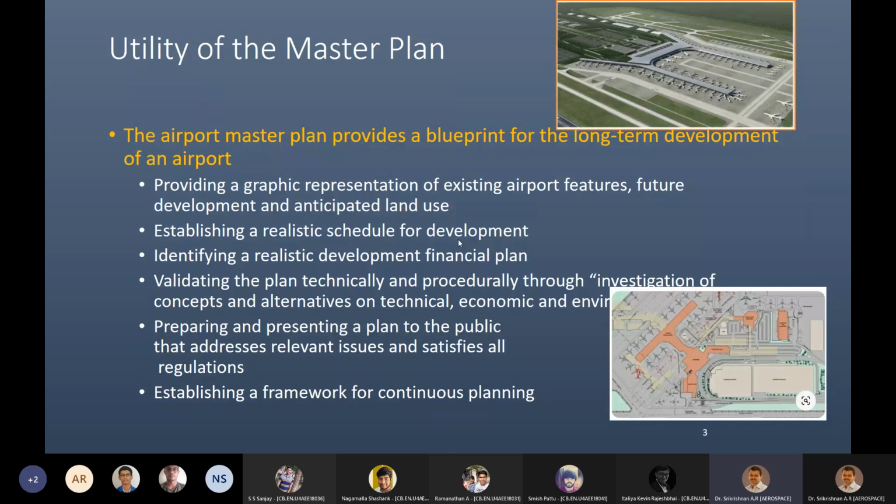All that can be extrapolated once you have a master plan, so it helps in preparing a time schedule for the whole development process. And similarly, about money: how much will be required for acquiring the land and completing the construction, depending on the time schedule. The financial planning has to be closely linked with the time schedule, because the time schedule can have a strong impact on financial planning.